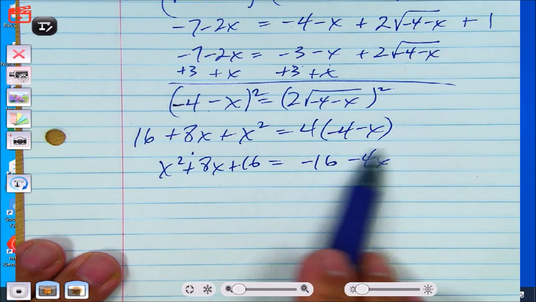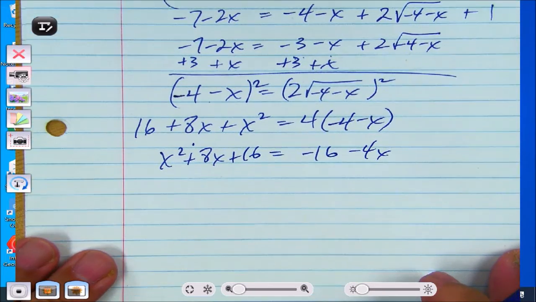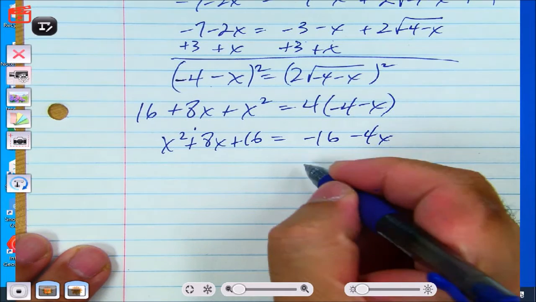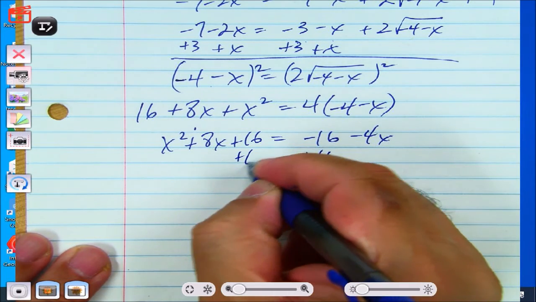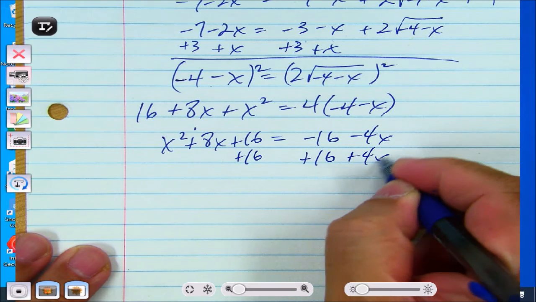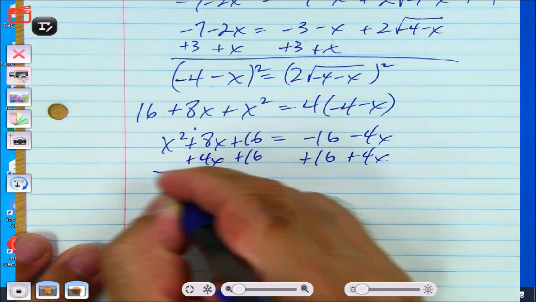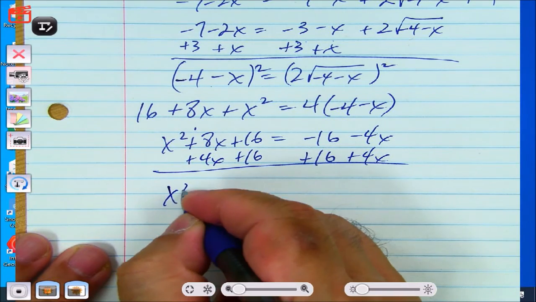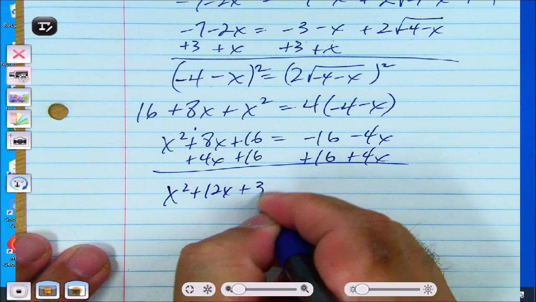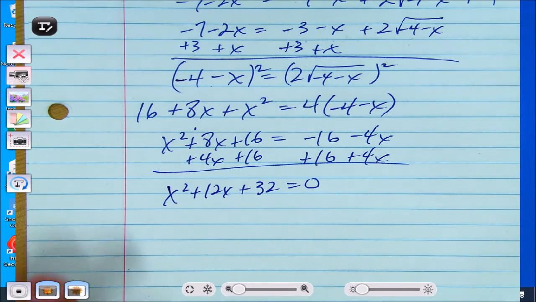All I did was distribute the 4. Add 16 to both sides. Add 4x to both sides. I will pause while you catch up.